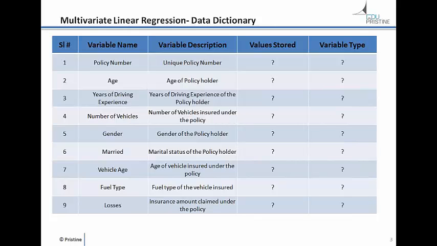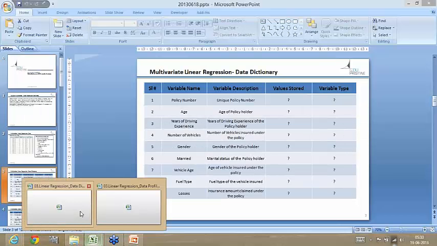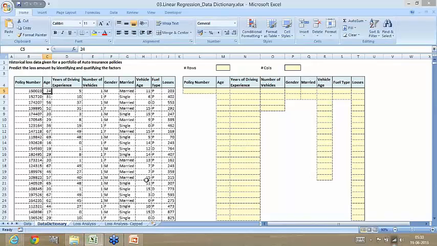Now, what kind of values are stored in a particular variable and what is the variable type? To get to know about these things, we first need to get the unique numbers out of a variable. Policy number is nothing but a unique ID, a unique identifier. So we don't need this, we can just write unique identifier.